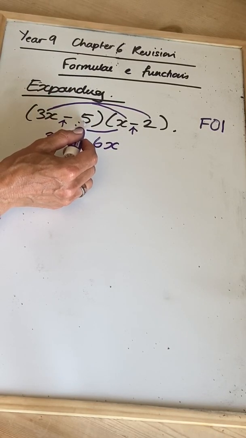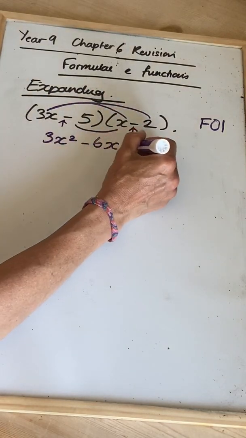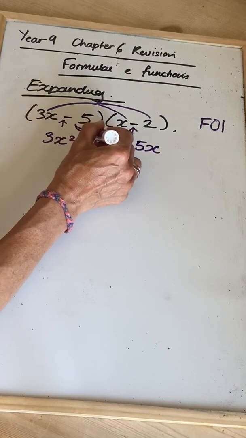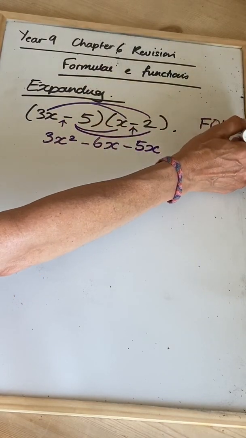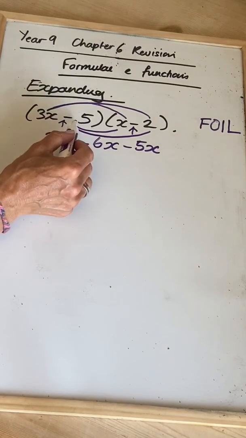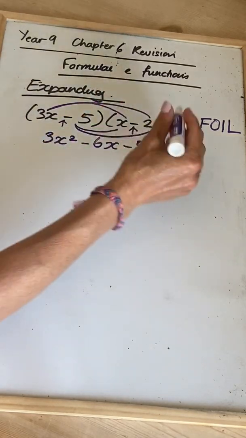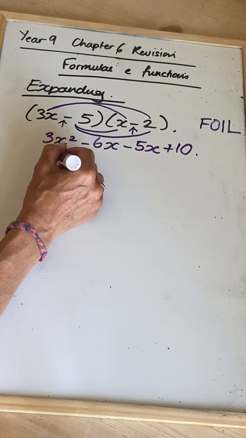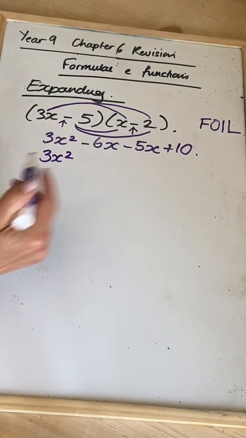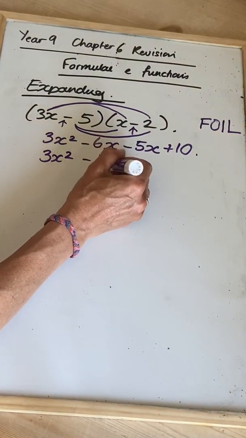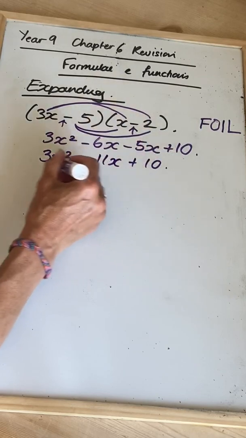I've got a minus 5 times an x, so minus 5x. And then finally, I've got the two last numbers. This is the FOIL acronym I'm sure you remember from before. Minus 5 times minus 2 is plus 10. You must get those signs right, gentlemen. 3x squared then, simplifying this, minus 6x and minus 5x is minus 11x altogether, and plus 10 on the end.